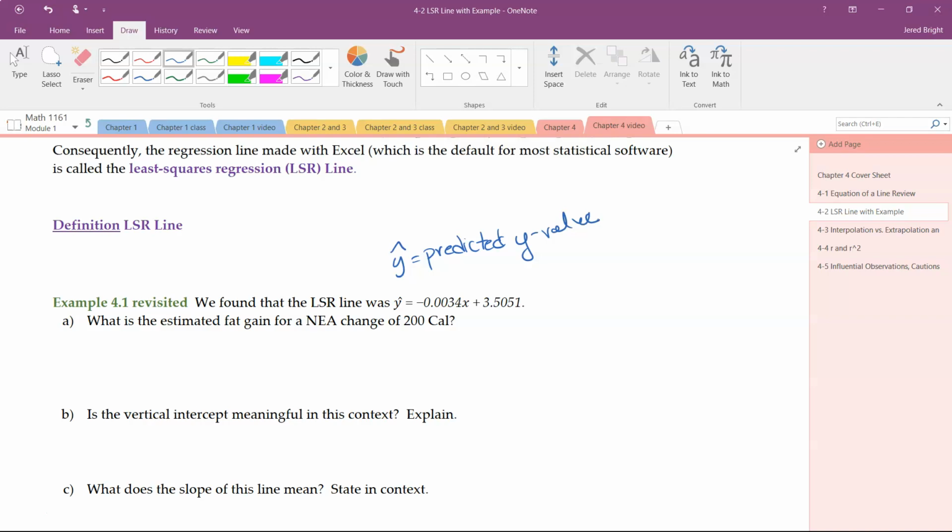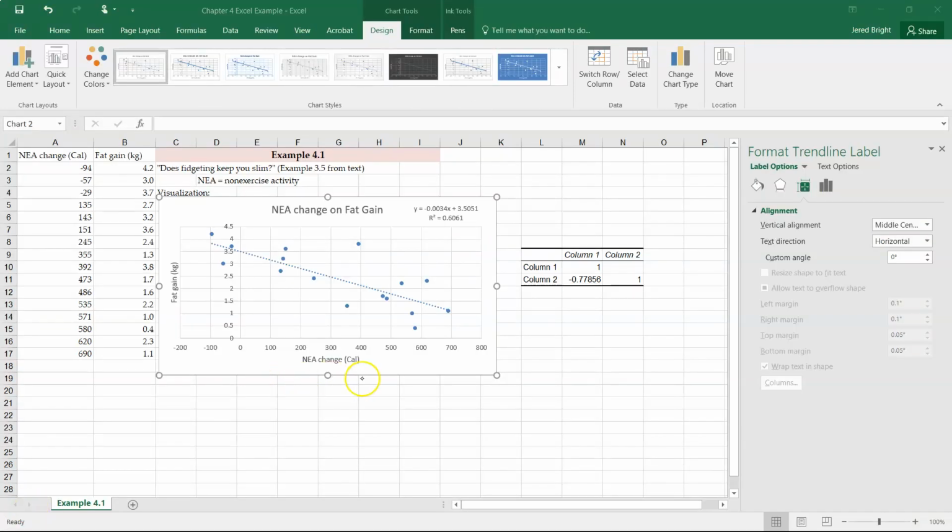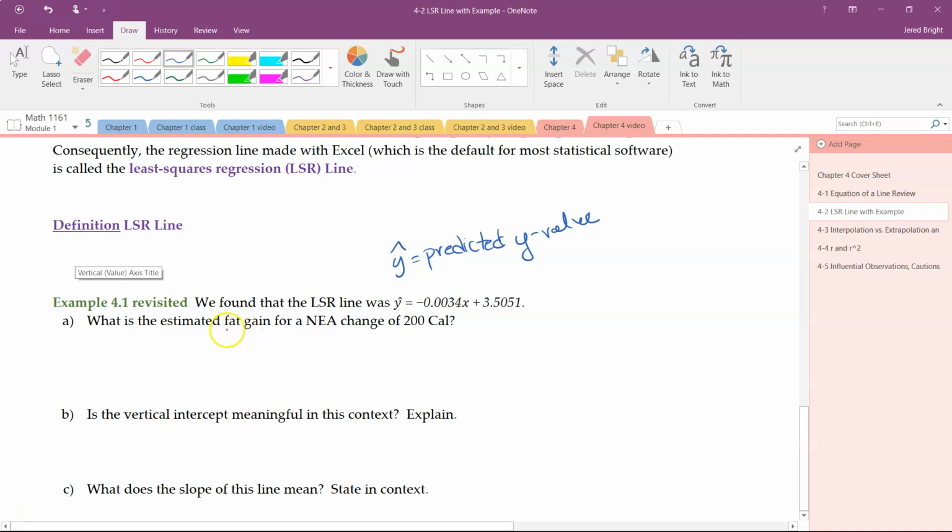Estimated fat gain. Okay, I have y and x. What was y and what was x? That's where you might need to refer back to the context, so we quickly open up Excel to refresh our minds. Okay, so that NEA change was X and the Y was fat gain. Now I'm ready to do this. Remember, fat gain was a Y and NEA change was an X. So this is effectively asking me to calculate what Y hat is if I know X is 200.